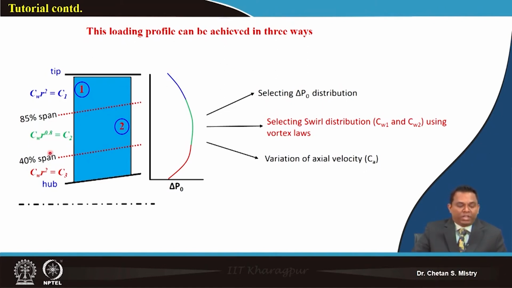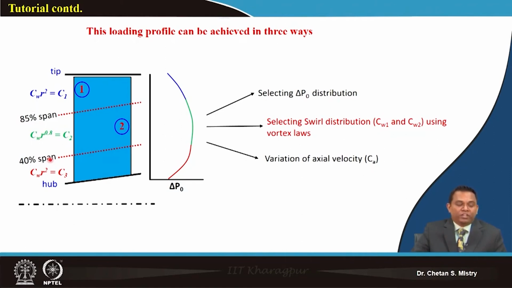What we will be exploring is having the whirl distribution in the range of Cw into r square, or r to the power 2, equal to constant from hub to 40% span, and from 85% to tip region we will be taking Cw into r square equal to constant.